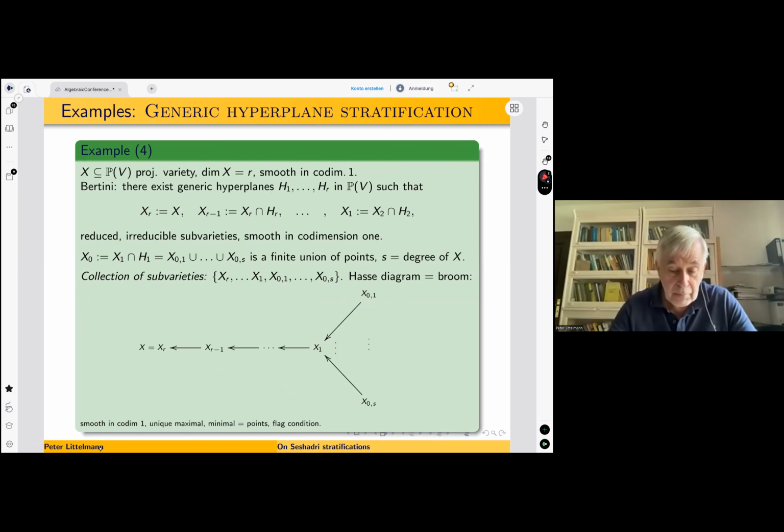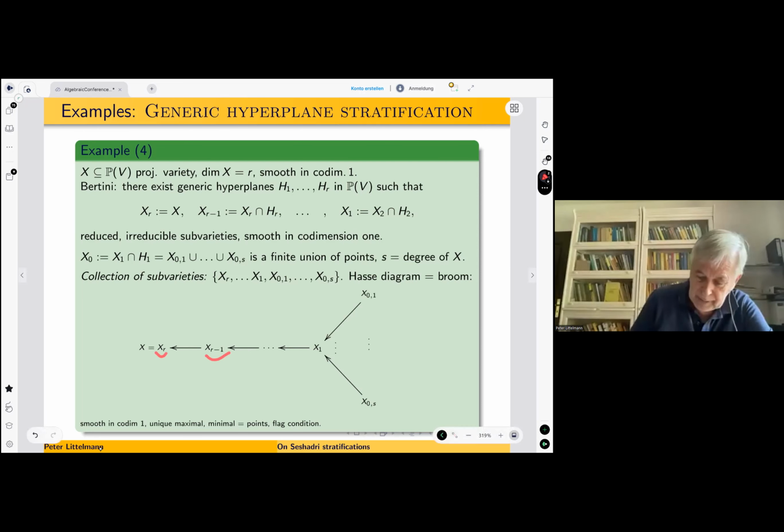And next, let's look at another example, which we call the generic hyperplane stratification, which is the following. We take a projective variety embedded in a projective space of dimension r, which is smooth in codimension 1. And by Bertini, we know that there exist generic hyperplanes, so that when we cut down our variety with these hyperplanes step by step, we get a sequence of subvarieties which are all contained in each other.